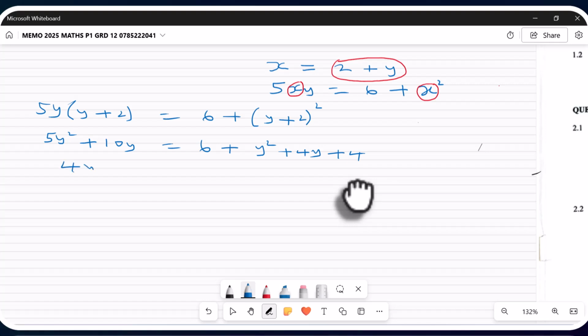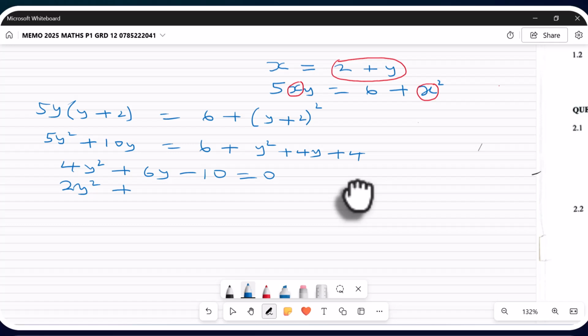Now I can split again here. If I say 2 times negative 5, I get negative 10. Now negative 10 is just negative 2 plus 5.